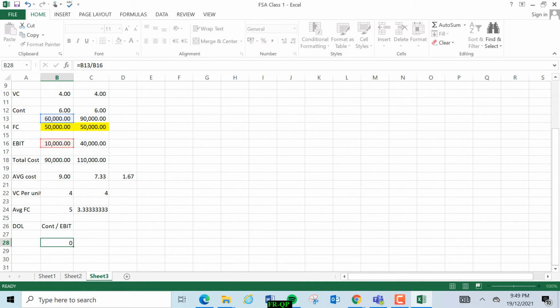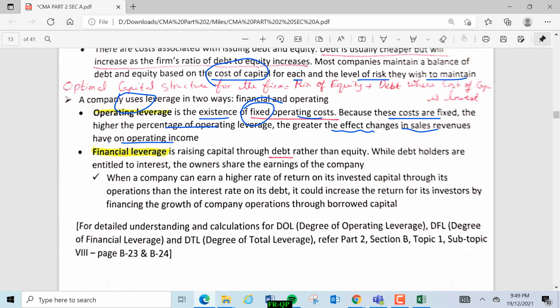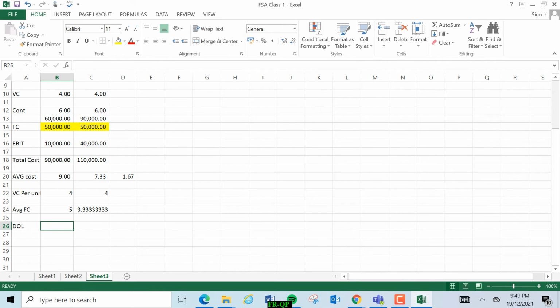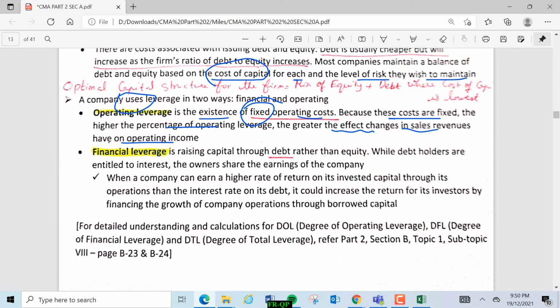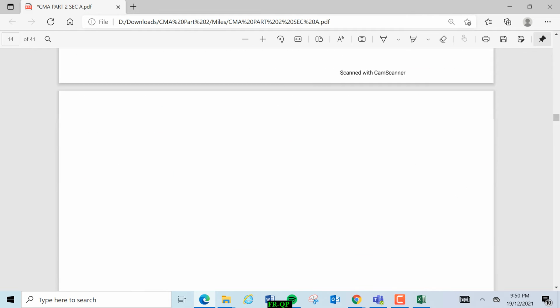Divide by, sorry. What is the formula here?